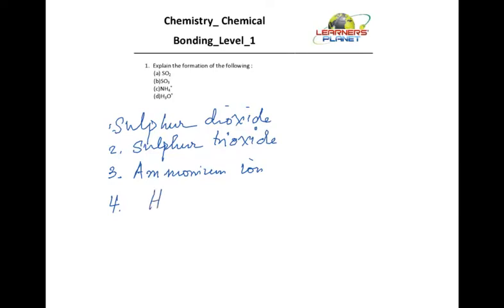So this is H3O plus, this is NH4 plus, this is SO3, and this is SO2. Now we shall be drawing the structures of each of them, and side by side we shall be explaining the formation of these particular structures.